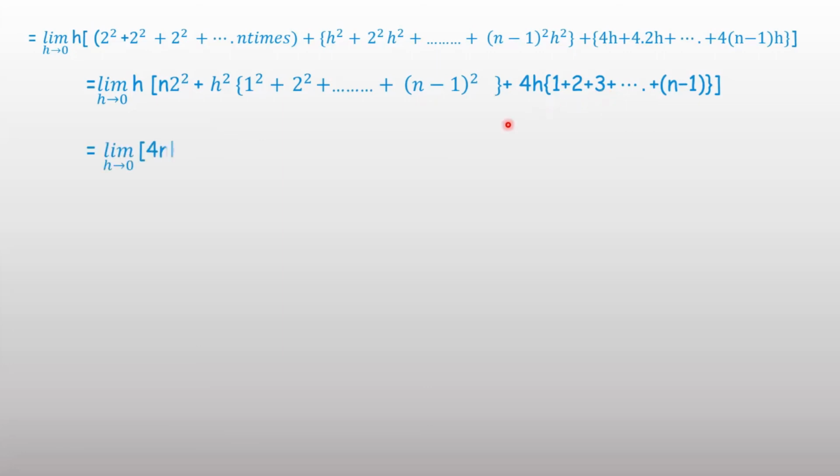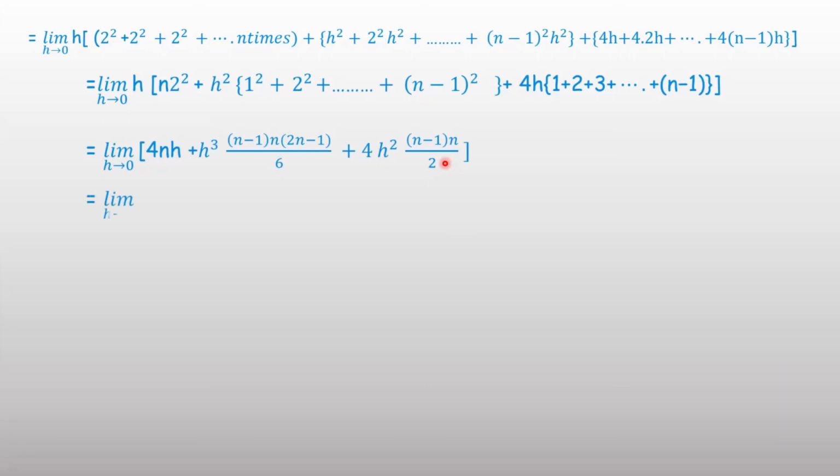Then in the next step, limit h tends to 0 of [4nh, plus h into h square times the sum of squares of the first (n minus 1) natural numbers, which we can write as (n minus 1) into n into (2n minus 1) by 6, plus h times 4h square... into (n minus 1) into n by 2].